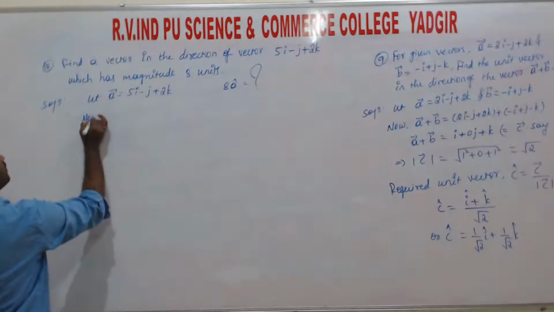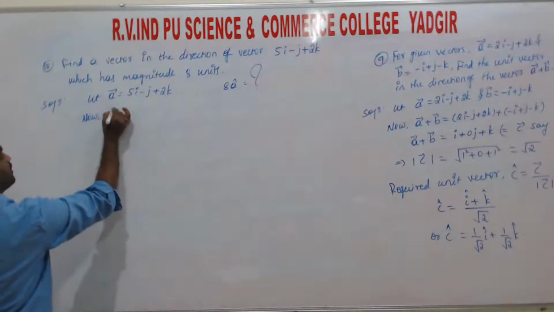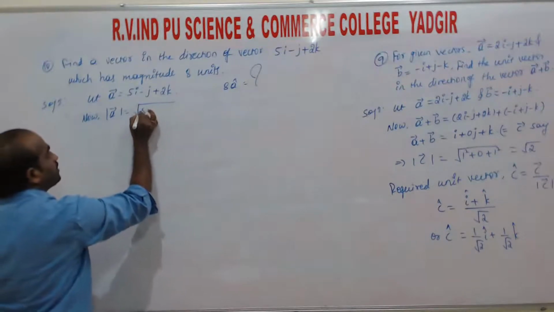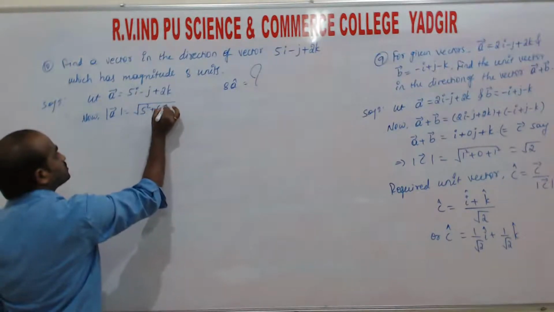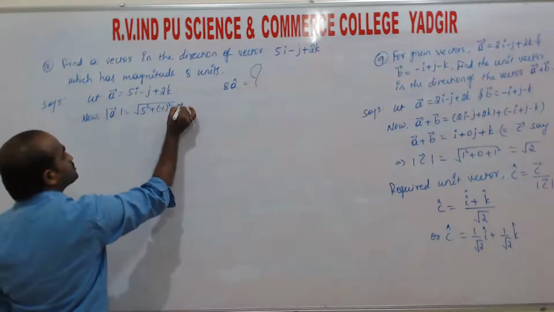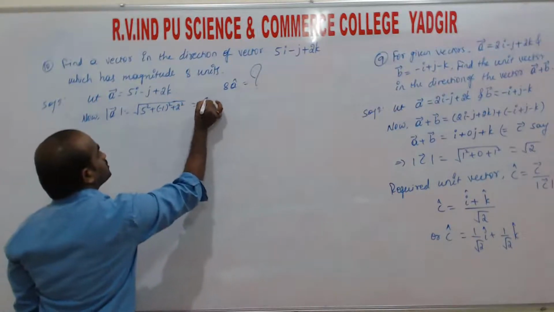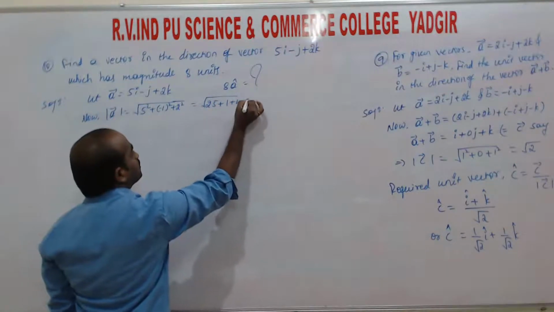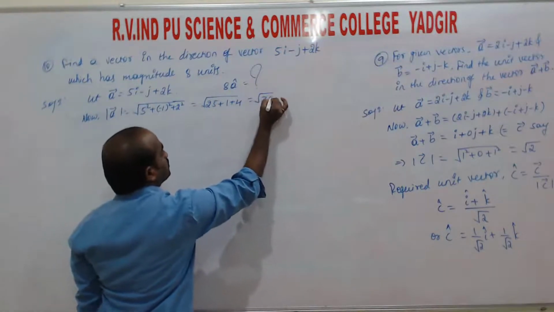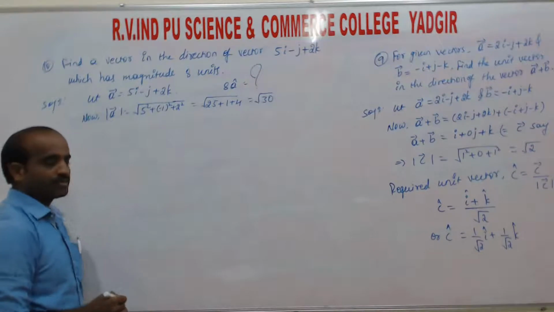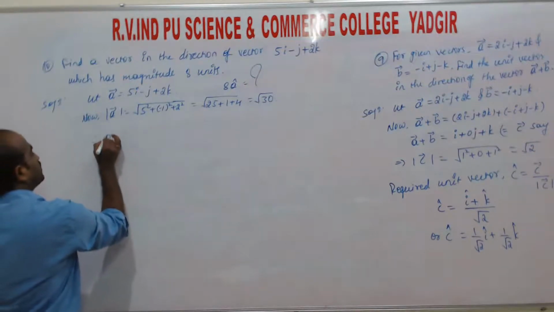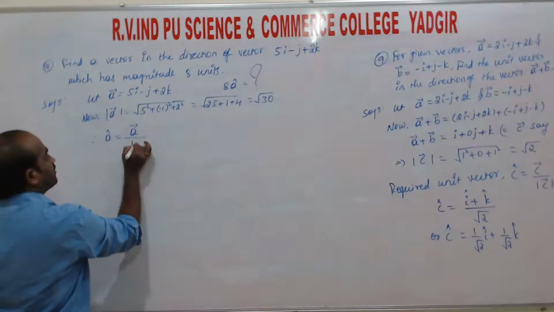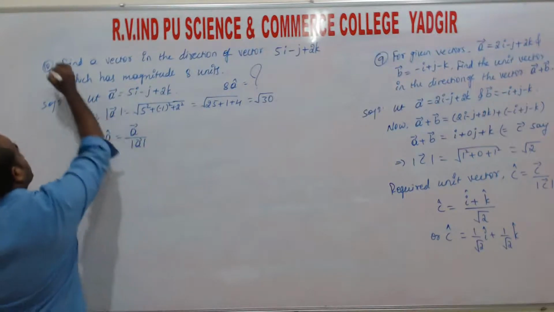Now magnitude of a vector is root of 5 square plus (minus 1) whole square plus 2 square, which is equal to root of 25 plus 1 plus 4, equal to root 30. Therefore, a cap is equal to a vector divided by magnitude of a vector.